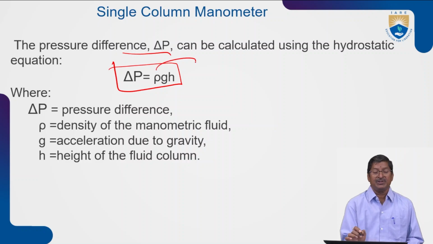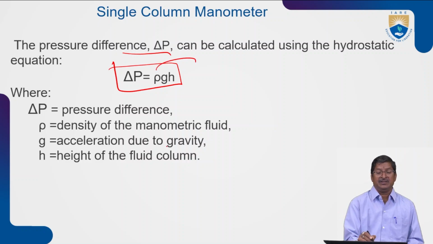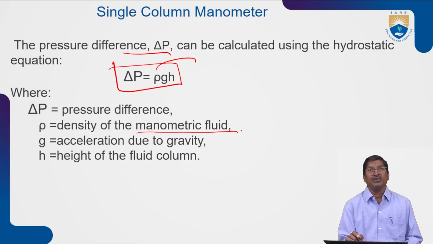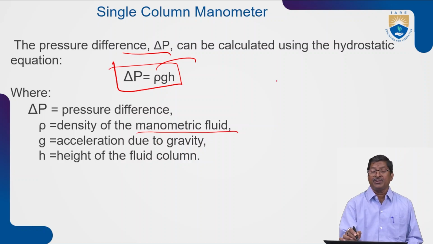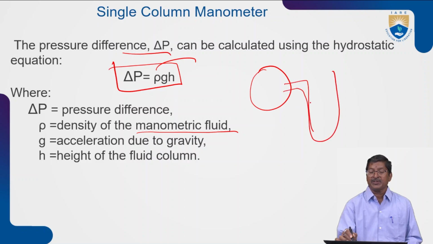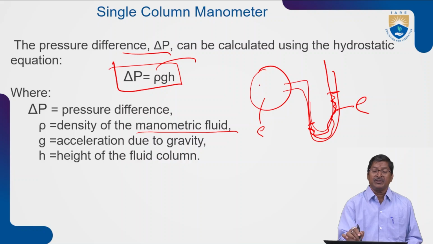Where rho is equal to the density of the manometric fluid. What is the manometric fluid? The pipe is here and the manometer is here, and the manometer fluid will be here. Here this is density, here also density will be there. It is the fluid which is present in the pipe.